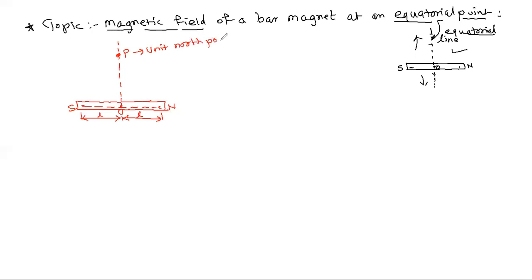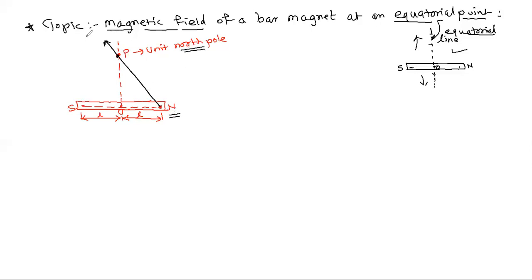So at the unit north pole, the force exerted by this north pole will be in this particular direction. So let me draw that direction here. This direction, that is the repulsive one, because this is also a north pole and this is also a north pole.